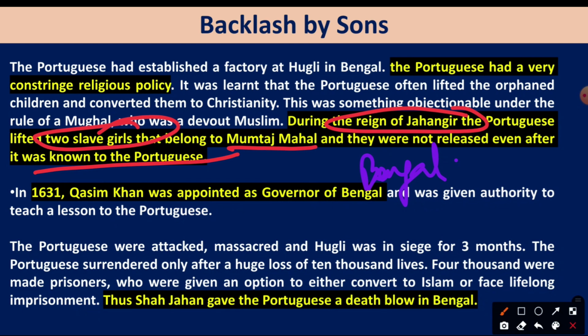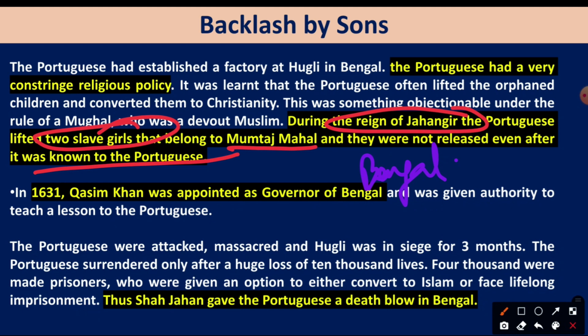I don't know whether it's fake news of that time or true news, but it was said that the Portuguese missionaries used to kidnap orphan kids and convert them to Christianity. They used to coerce people into Christianity, and these Mughals said that enough is enough.